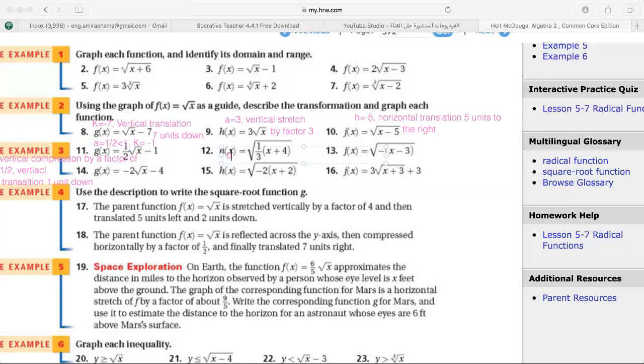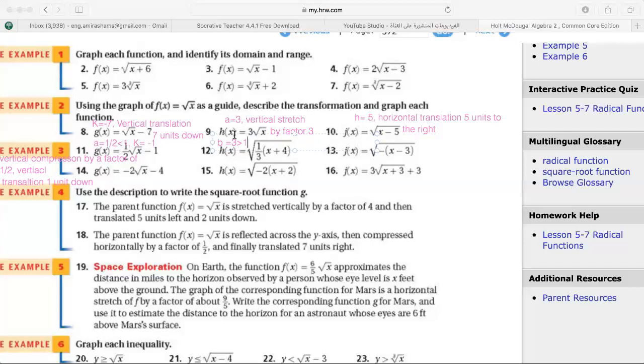So the factor is 3. So b is 3, which is greater than 1, so it will be a horizontal stretch by a factor of 3.